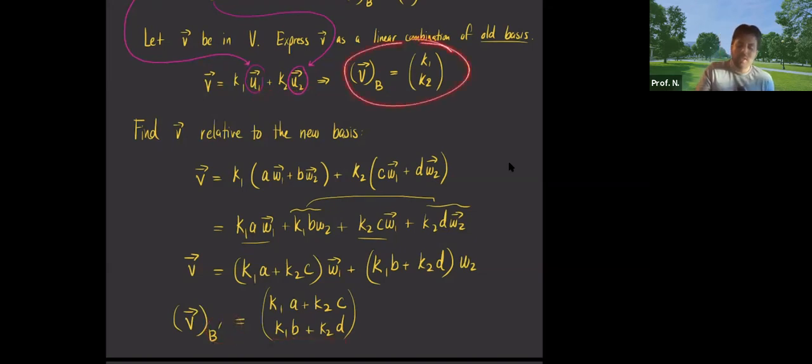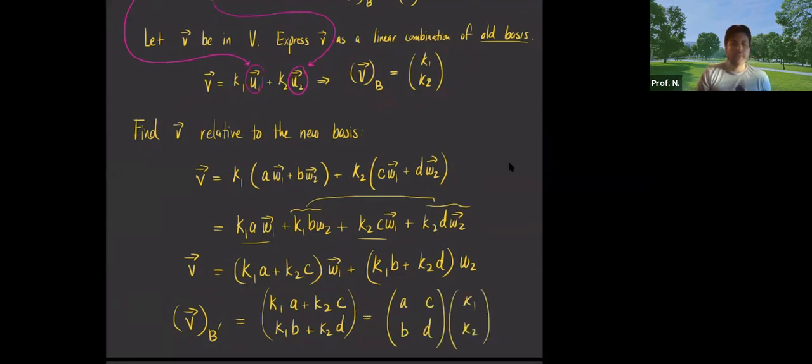So this is the old relative coordinate vector, and this is the new coordinate vector relative to the new basis, right? And if you look at this here, I can rewrite this as a matrix A, C, B, D being multiplied by K1, K2. Does everybody see that? Do you see how they're equivalent?